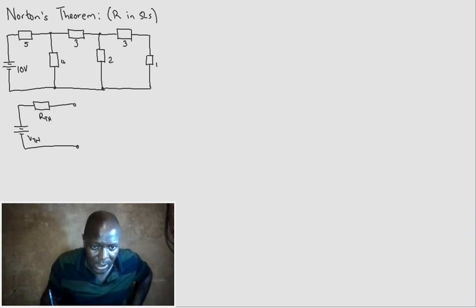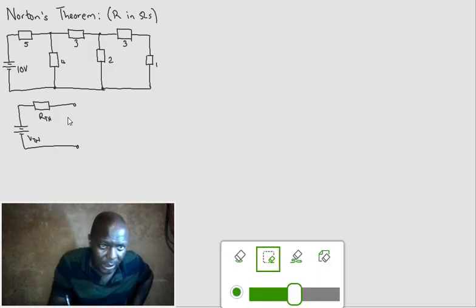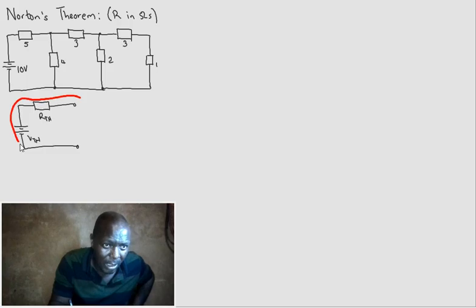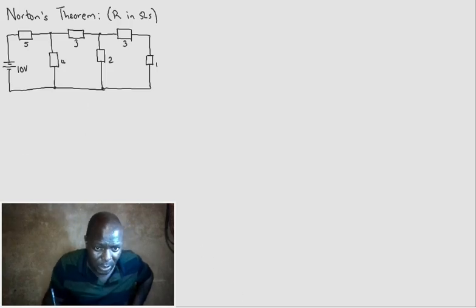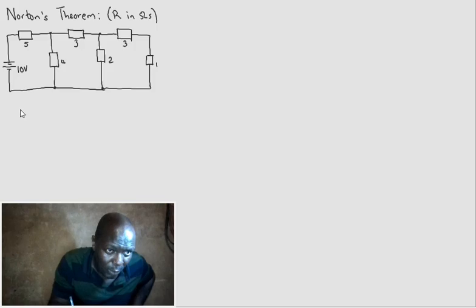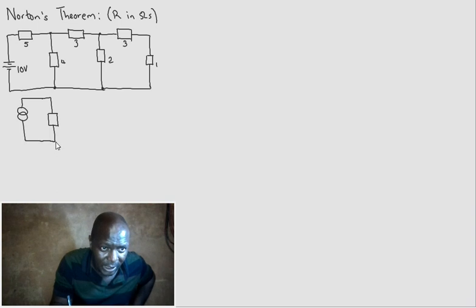With Norton's, we still worry about the resistance, but we deal with the current source rather than a voltage source. We have a Norton's equivalent current at the point of connection, and the resistance that already taps into this source, so that when we connect ours, it shares with the existing resistance of the system.